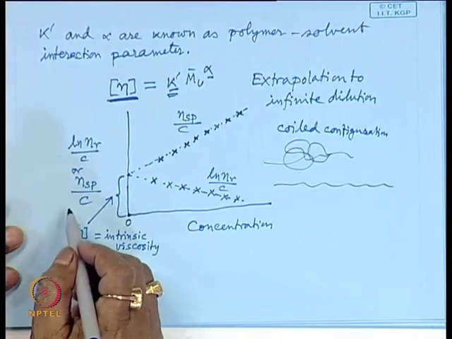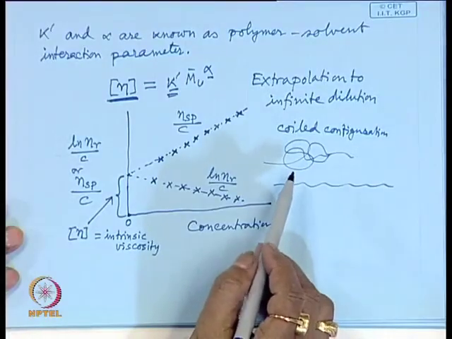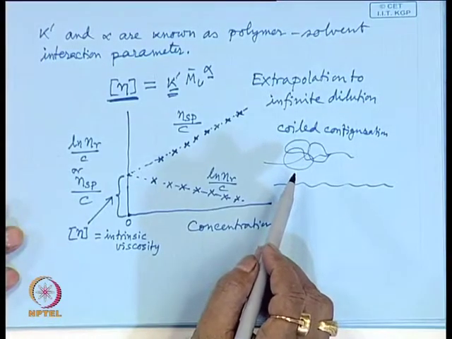In a dilute solution, there is the ideal case, where we assume that the polymer solvent interaction parameter, the cohesive energy density of the polymer and the solvent, are almost the same. In that case the polymer can assume its extended chain configuration in a solution.